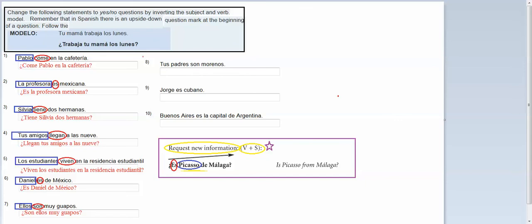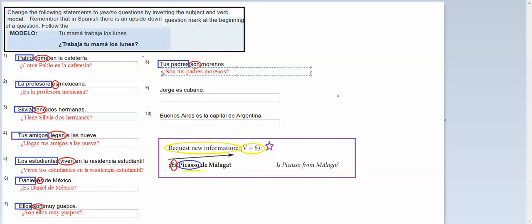Then if I go over here, I'm going to start with my verb, son, and then I'm going to get my subject, padres, and then if I want to write my question that requests new information, I use my upside down question mark, my verb, ¿son tus padres morenos? my subject, morenos, right side up question mark.